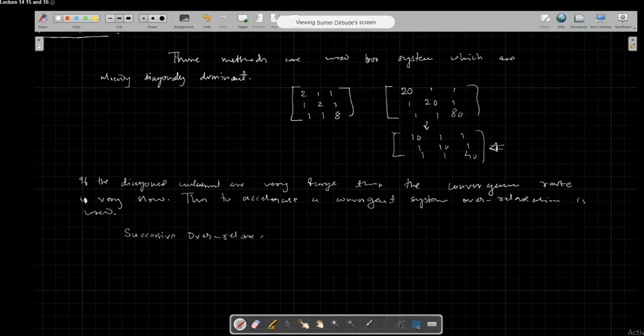If our method is successive under relaxation, then you say successive under relaxation.